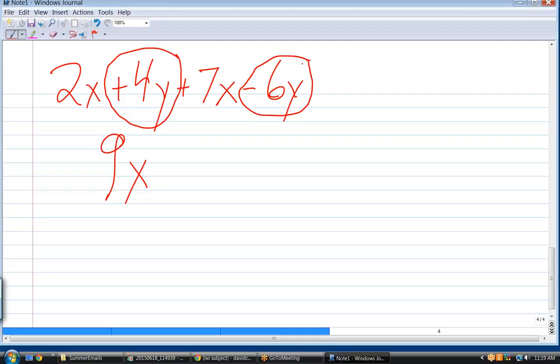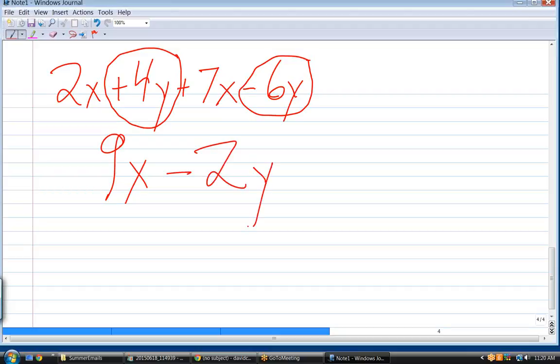So add those two together. What is plus 4 minus 6? Or what is 4 minus 6? Negative 2.